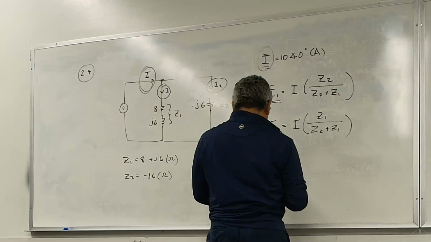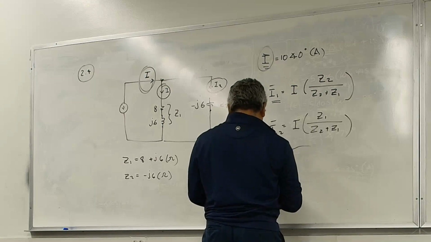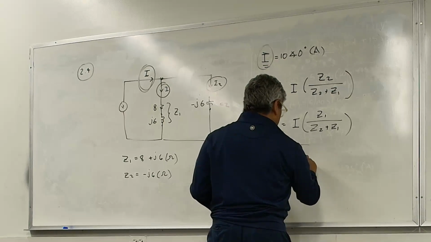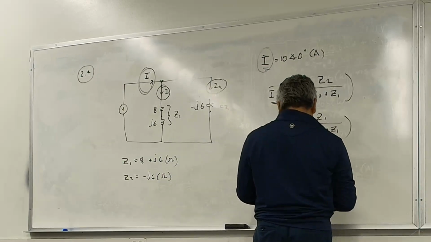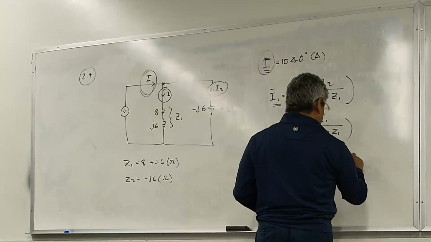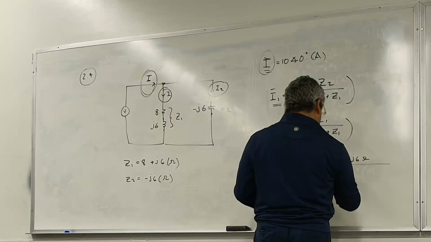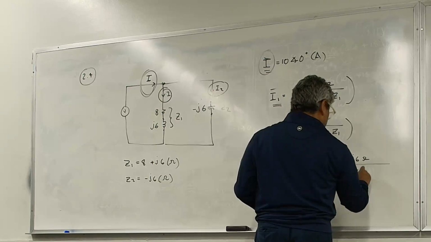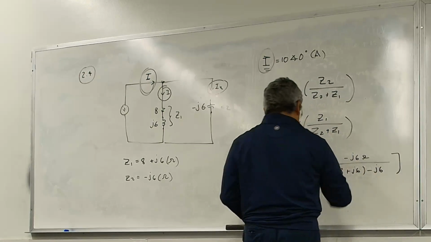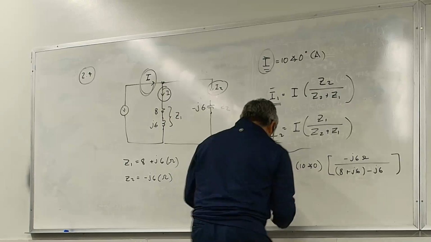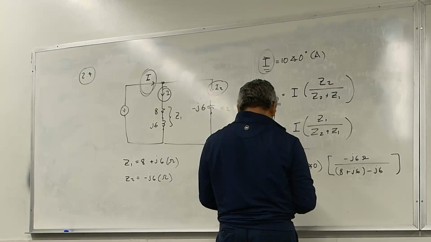So I1 is equal to 10 angle 0 degrees. That's my current coming into the node. That's the impedance, this is minus J6 ohms, divided by 8 plus J6 minus J6, right? Everybody okay? So these two actually cancel. So what we get here is I1 is equal to, let me see.